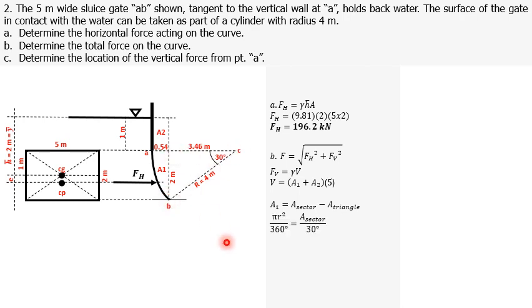To solve for the area of the sector, we simply have area of the circle, pi r squared, over its central angle of 360 degrees is equal to the area of the sector over its central angle of 30 degrees. Substituting our radius r, which is 4 meters, we get area of the sector equal to 4 pi thirds square meters.